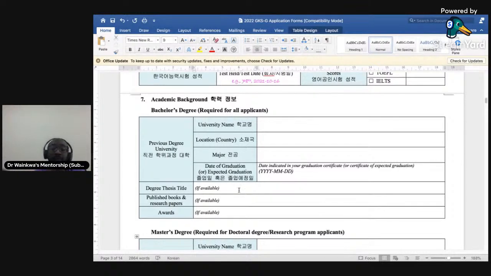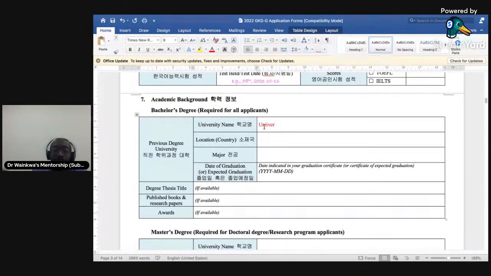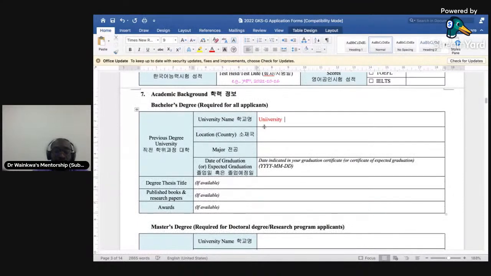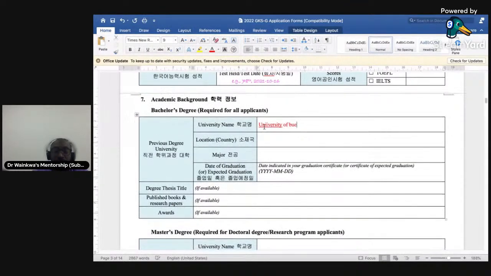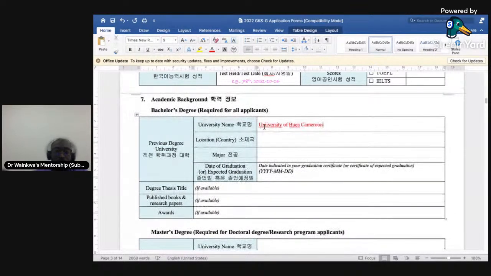For example, if you're applying for masters, you put your university name and your location. For example, my bachelor degree was from the University of Buea, Cameroon. That is where I had my bachelor degree, and the location of the country was Cameroon.